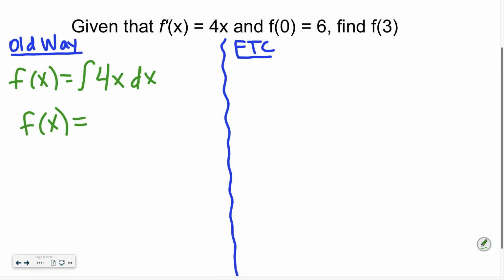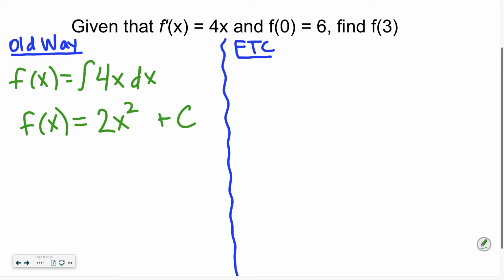Kinley, what would f of x be? 2x squared. There we go. It's been a while, right?